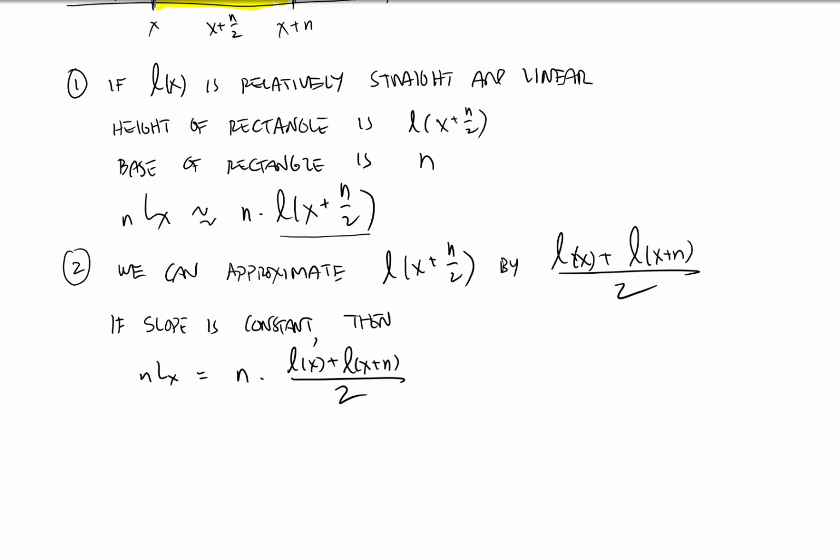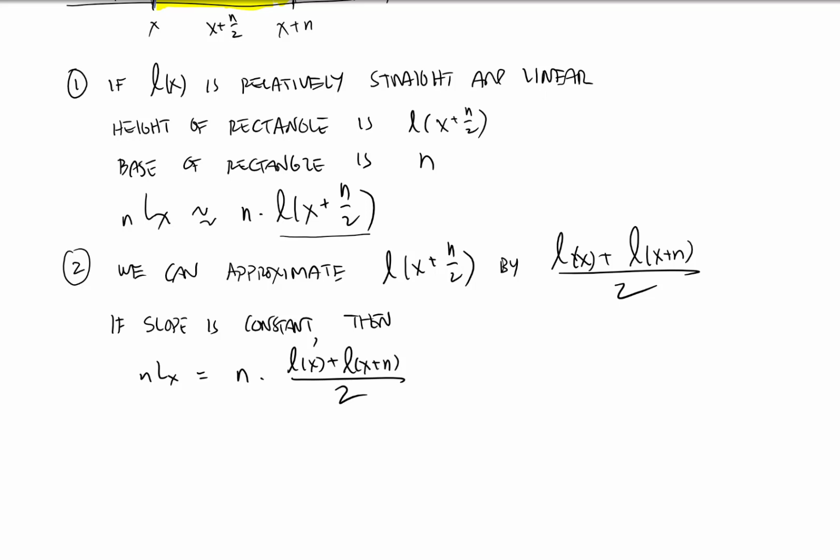We're interested, of course, in these slopes, whether they're linear, whether they're straight, or they're not. If the slope is shallow, then it means that L of x plus n is close to L of x. So it's almost a rectangle anyway, and that means that the mortality is low.